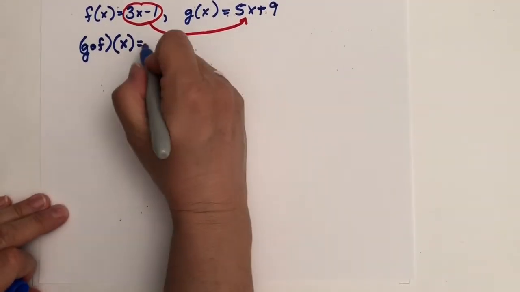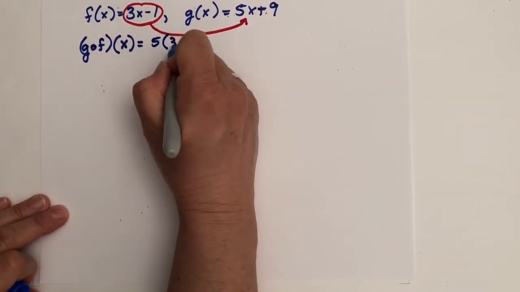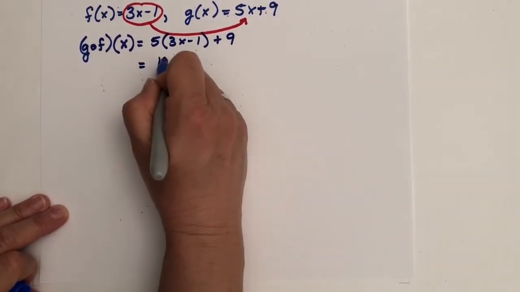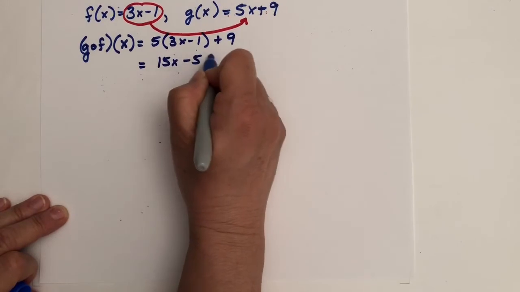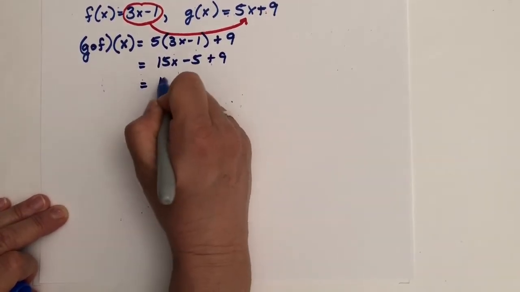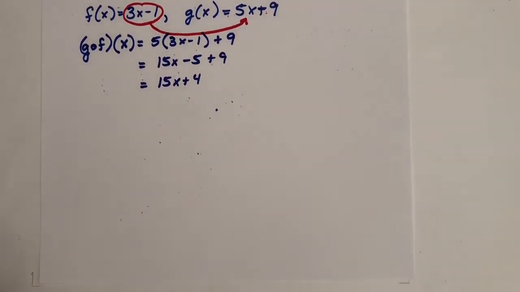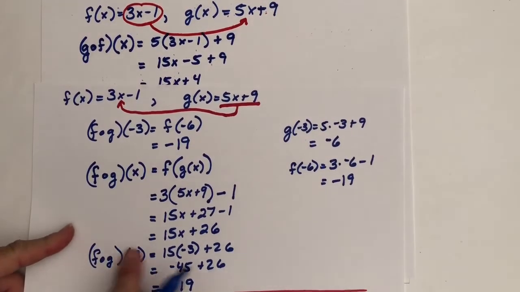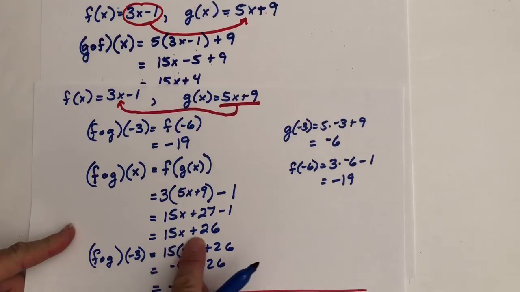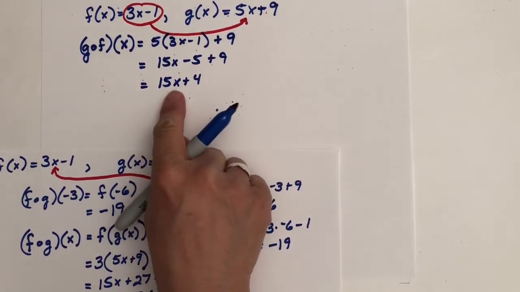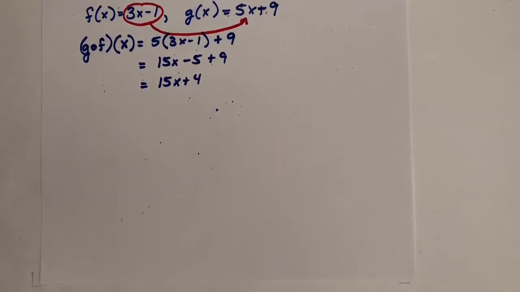So we have 5 times 3x minus 1 plus 9, and we have 15x minus 5 plus 9, and we have 15x plus 4. Remember, f composed with g of x was equal to 15x plus 26. Now we have g composed with f of x is 15x plus 4. So they were in fact different functions.